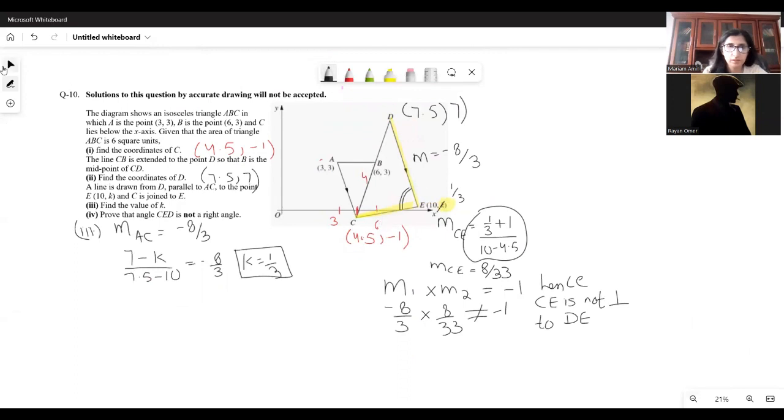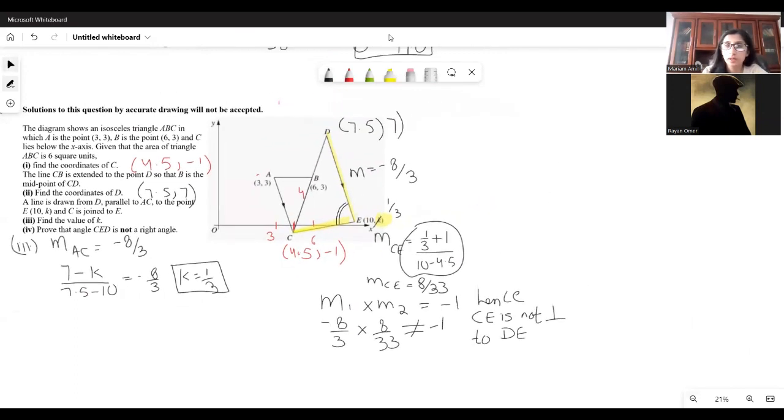Yep, done. Okay, another method of doing the same question would be that you're going to find the length of CE using the distance formula. Then you're going to find the length of DE using the distance formula. And then you're going to find the length of DC using the distance formula.